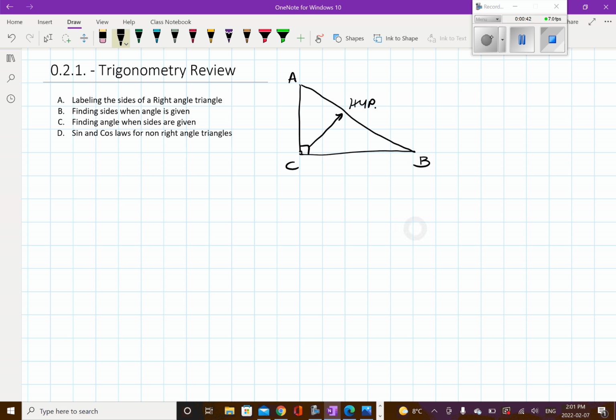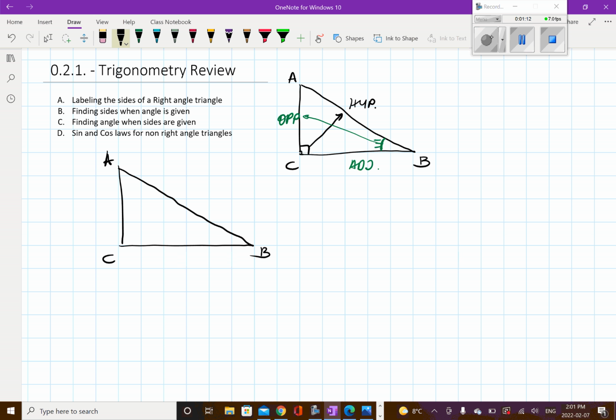So if you see it from the perspective of angle B, then the opposite side of angle B will be the length of the line segment AC, and the adjacent of angle B will be the length of the line segment CB.